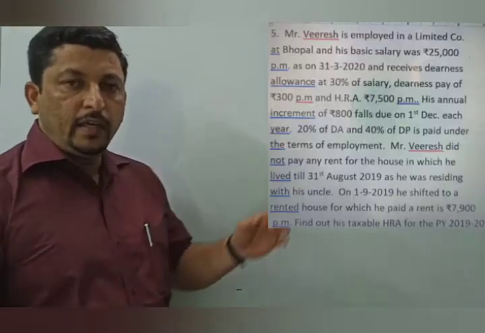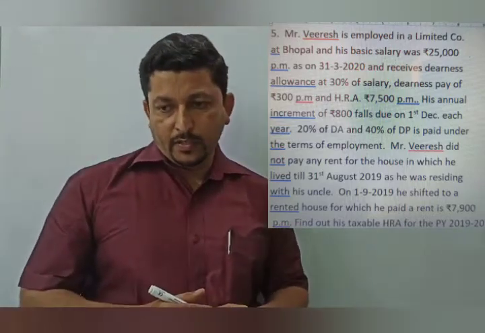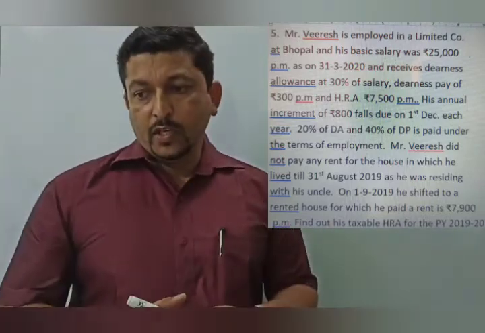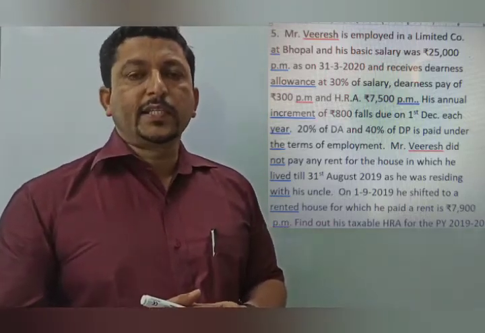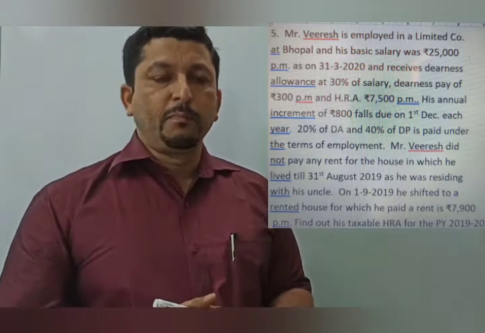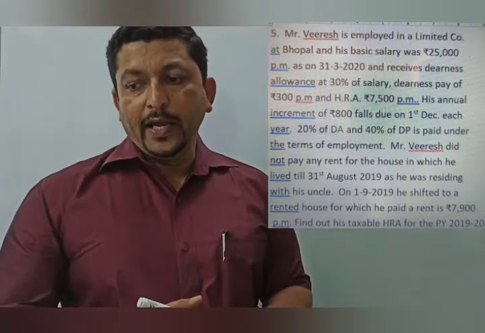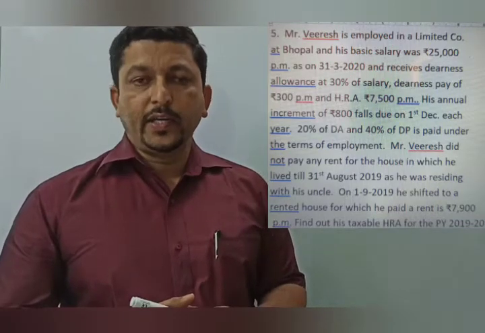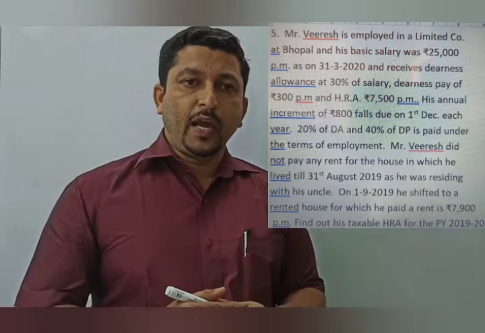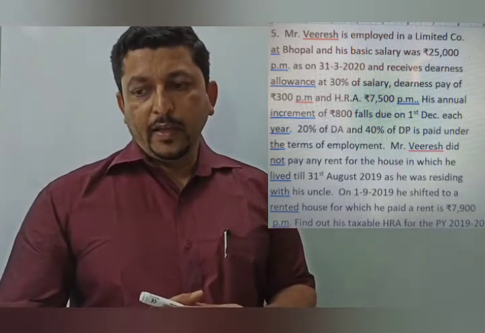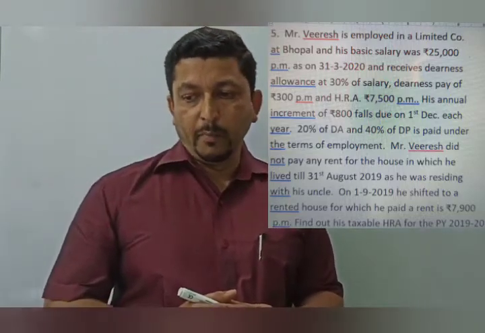Let's look at the next problem on house rent allowance. Mr. Veeresh is employed in a limited company at Bhopal and his basic salary was rupees 25,000 per month as on 31st March 2020, and he receives Dearness Allowance at 30% of salary, Dearness Pay at rupees 300 per month, and HRA at rupees 7,500 per month.